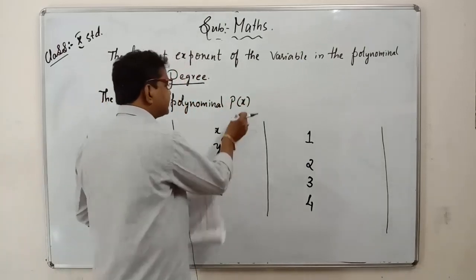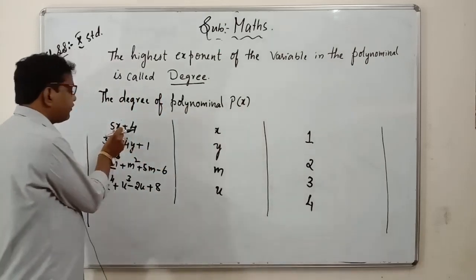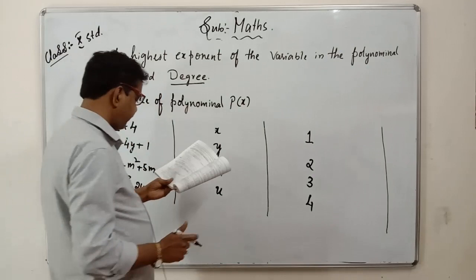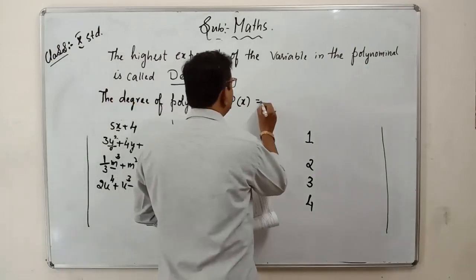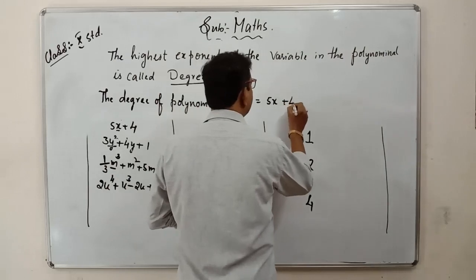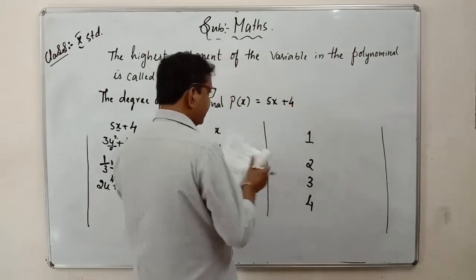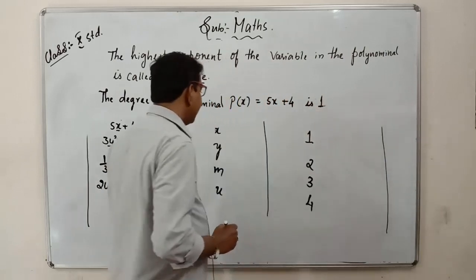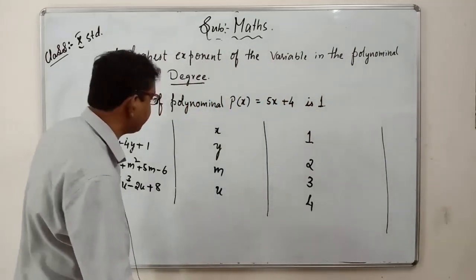Why I am writing x here is because here we have the variable as x. So the degree of the polynomial p of x equals 5x plus 4 is 1. In the same way, we can write the second one also.